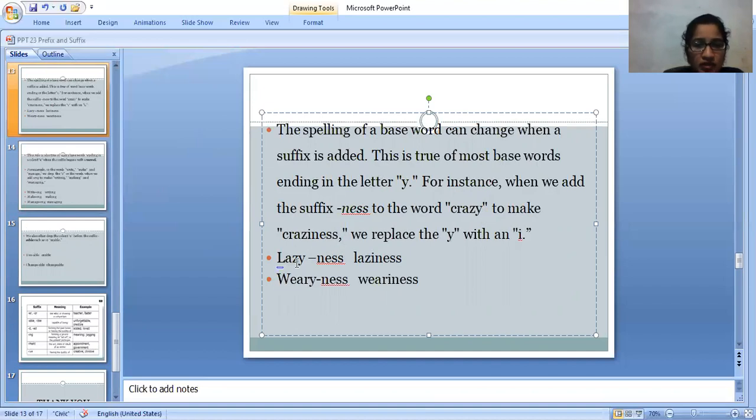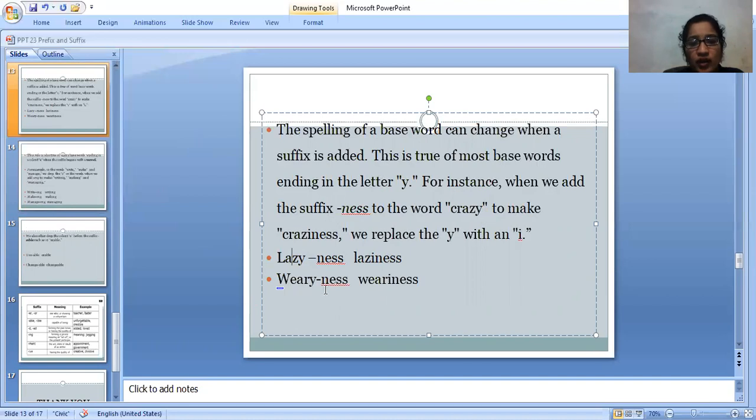For example, you can see the words here. They are lazy, and when you add the suffix ness, obviously this Y will be replaced with I. So there will be a change in the spelling.